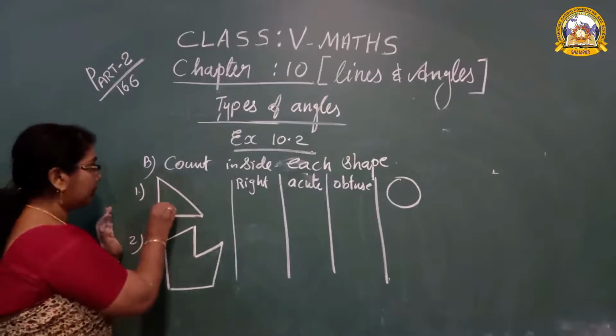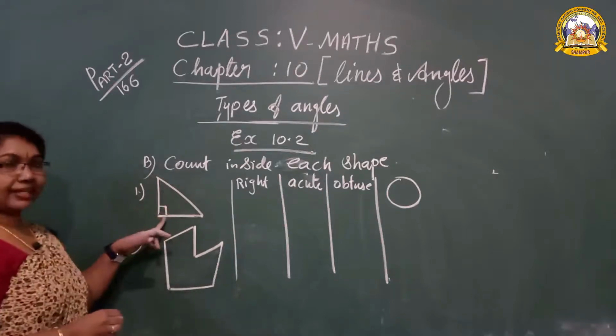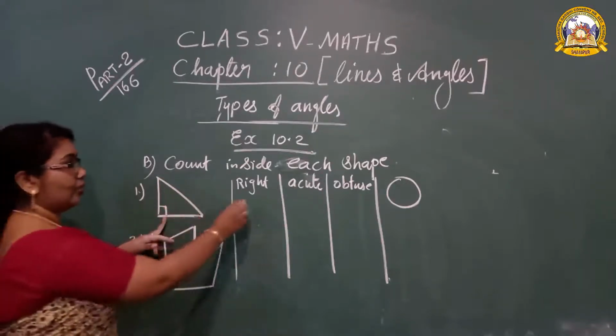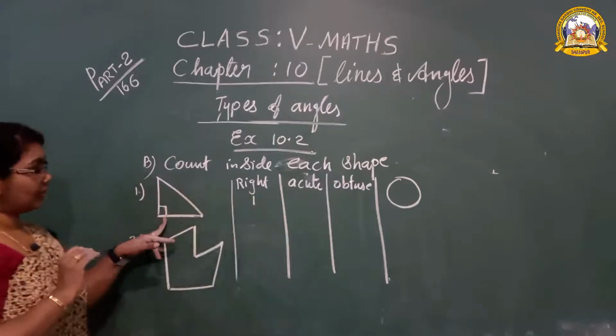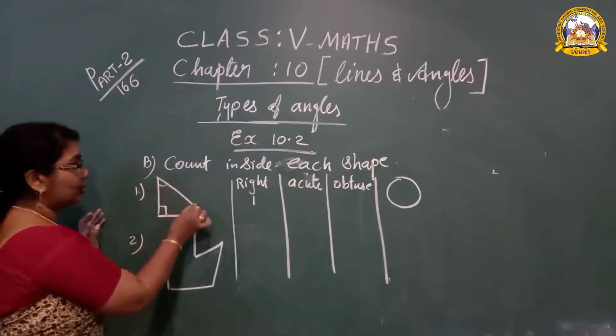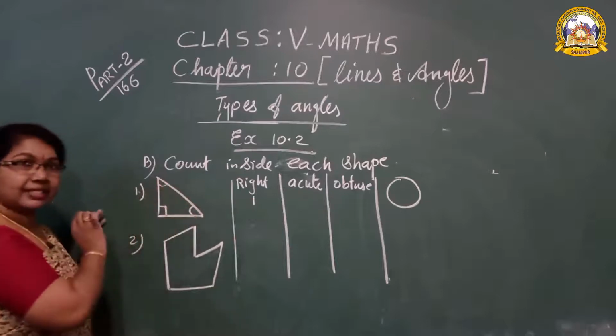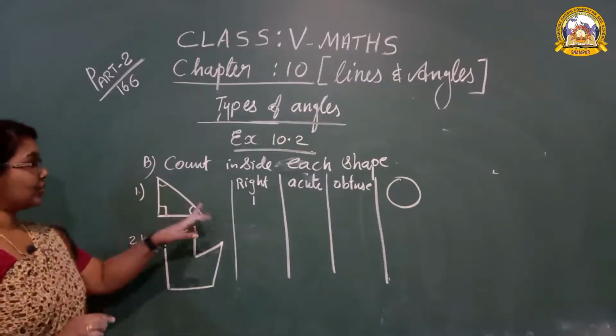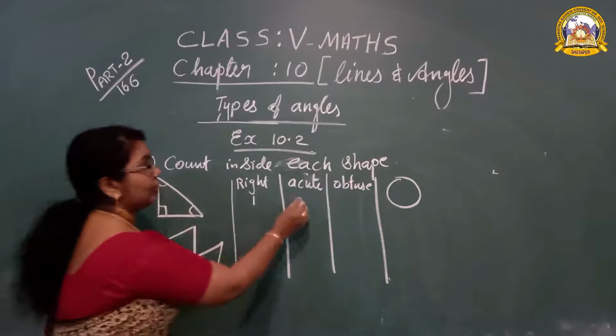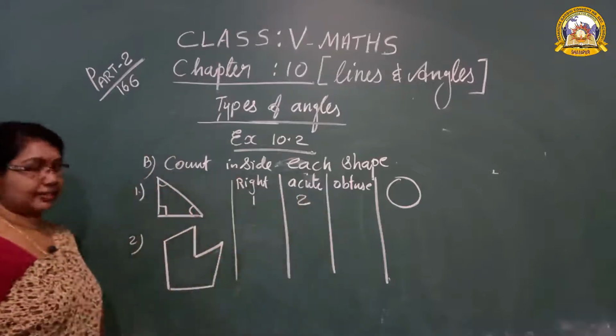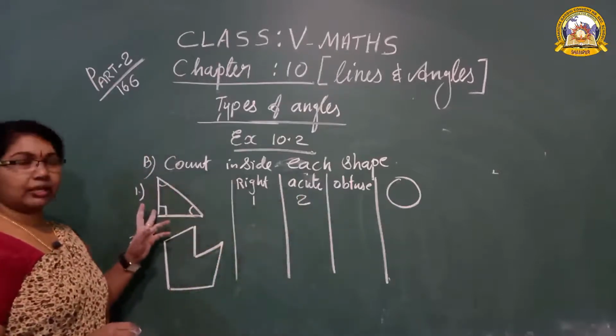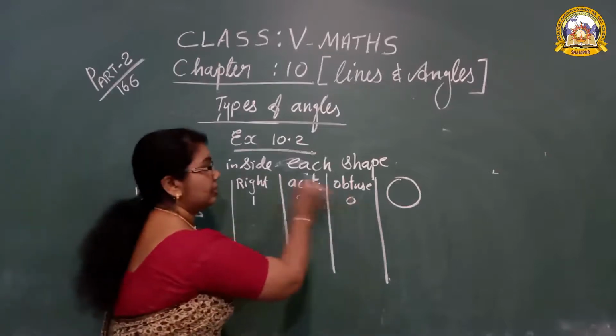Now look here, can you say what is the name of this angle? Right angle. So how many right angles are there in this figure? 1. And these two small angles, acute angle. So how many acute angles are there? 2 acute angles. And this figure, any obtuse angle? No, you should write the answer 0.